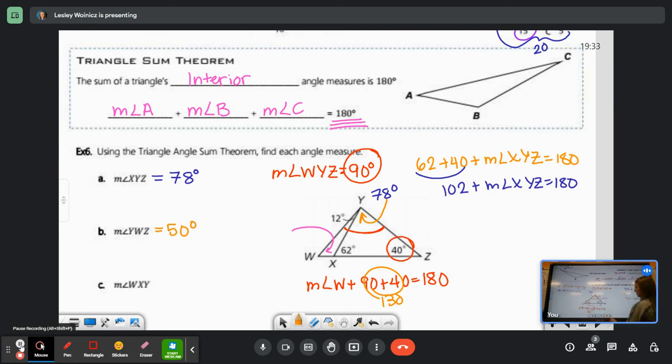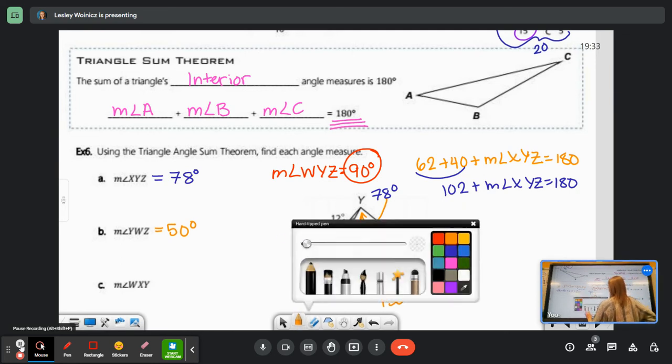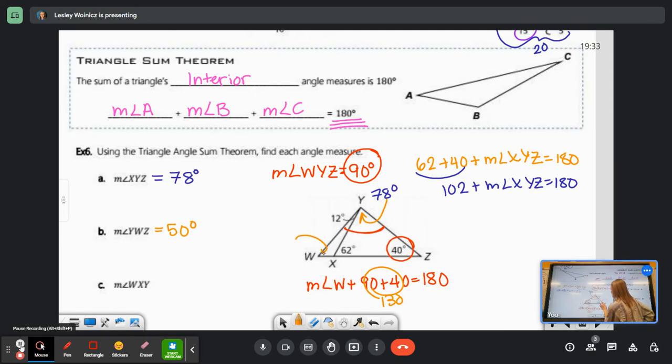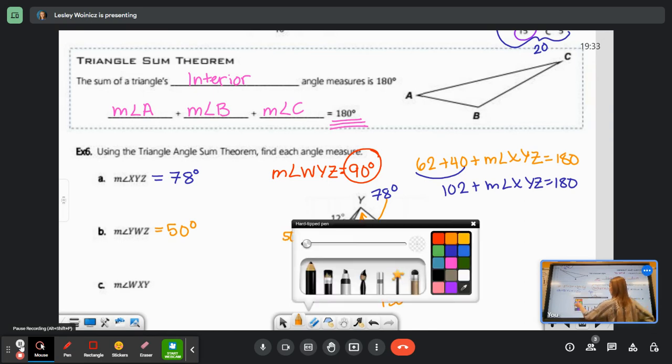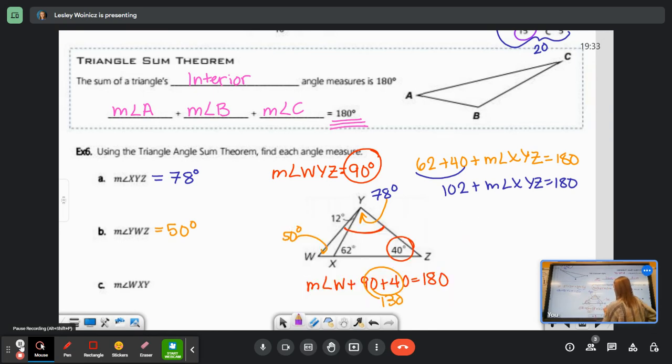WXY. Oh, geez. All right. So this one was 50 degrees, and now we want this one. What's that one?